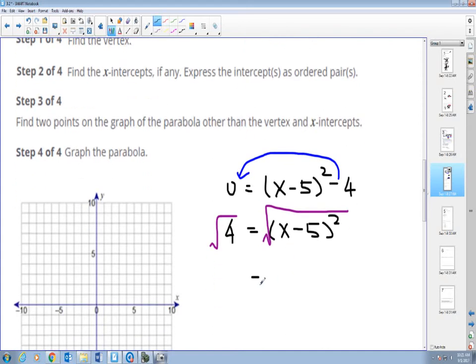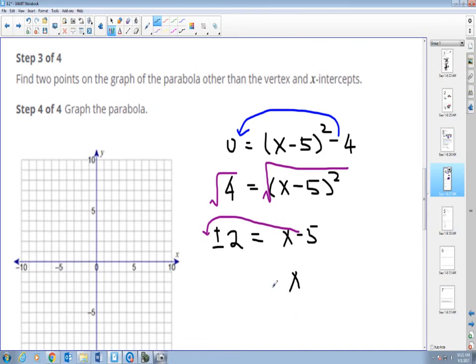So that means my answer will simply be x minus 5 equal to, when I take a square root on both sides, my answer is always positive and negative, square root of 4, which is 2. Now I'll move my negative 5 over to get x by itself. Then my problem will become positive 5 plus 2, which is 7, or positive 5 minus 2, which is 3.